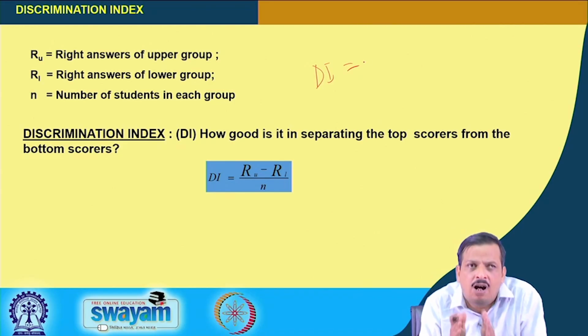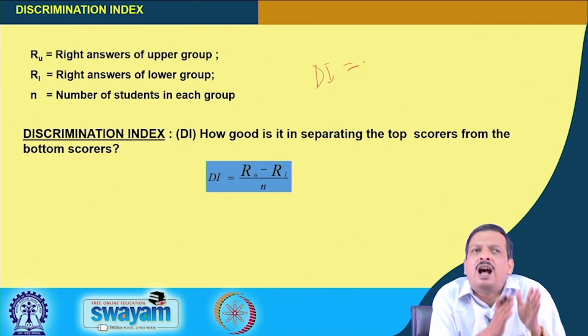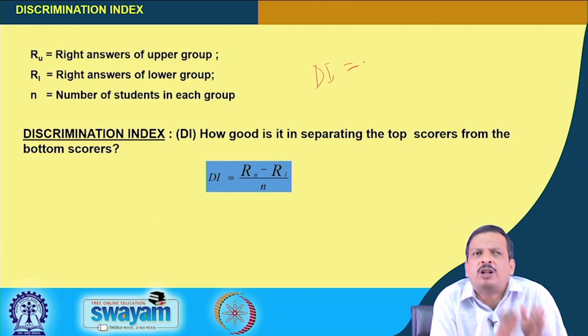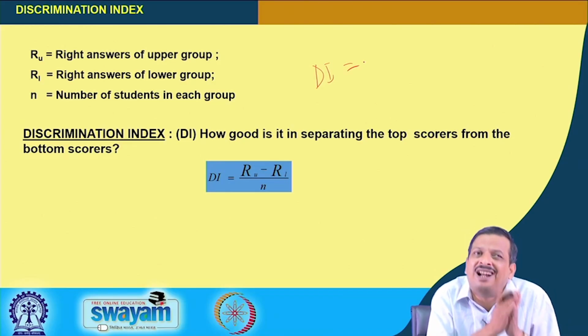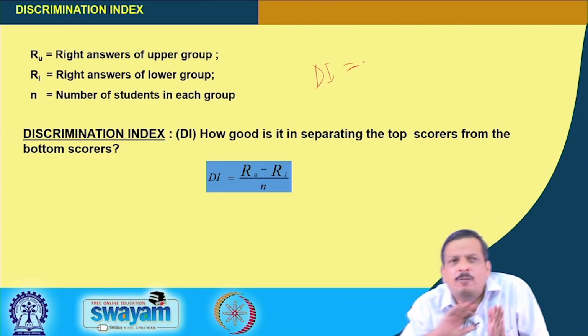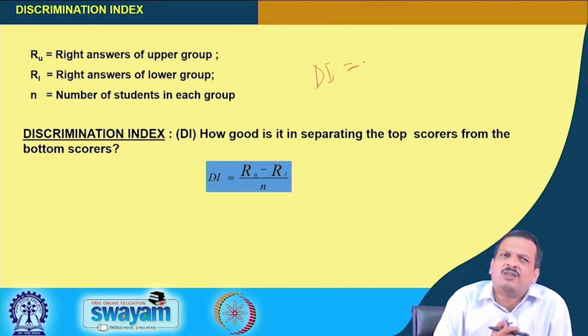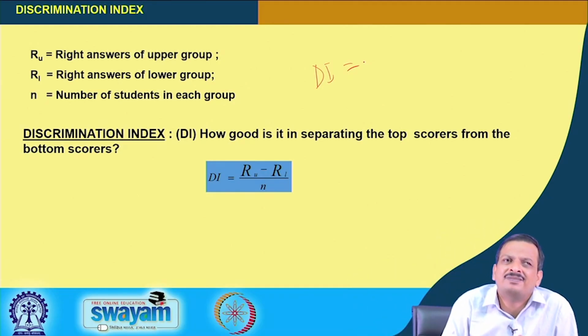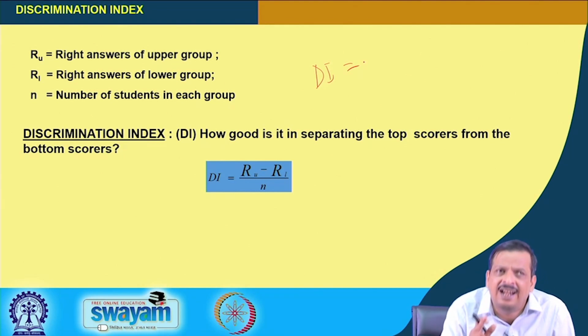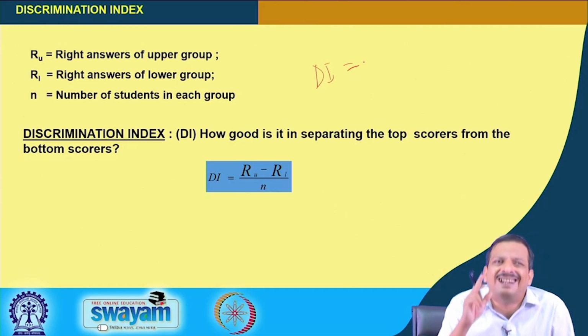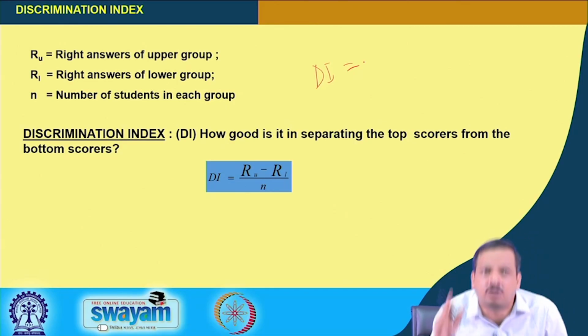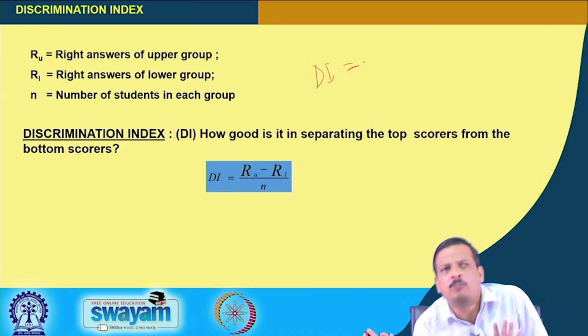So, it will be 1 when only the upper group, which is considered to be the good students, is able to answer the questions and none of the lower group is able to answer. So, DI will be 1 when only the upper group can answer the questions and no lower group can.